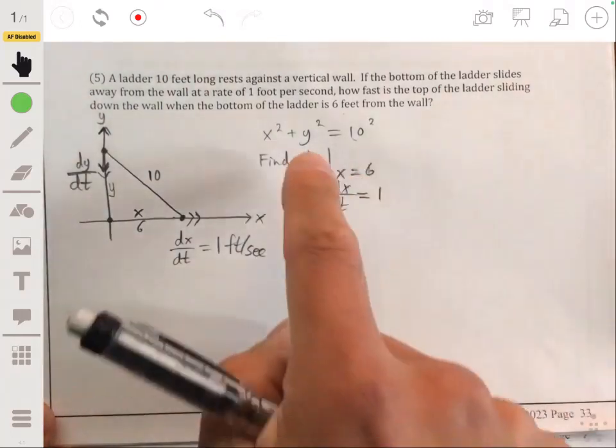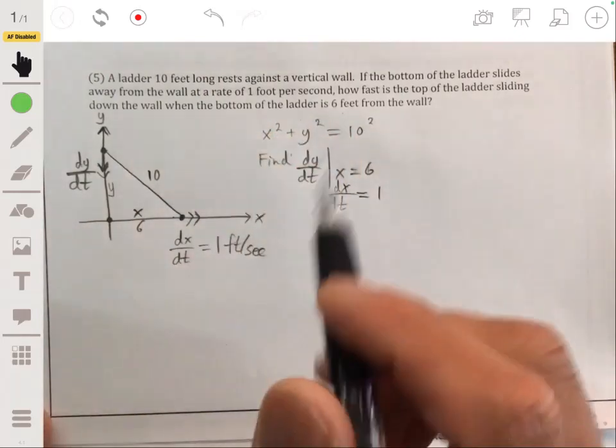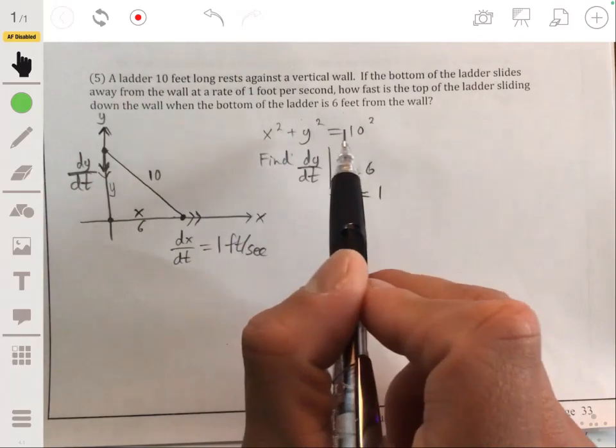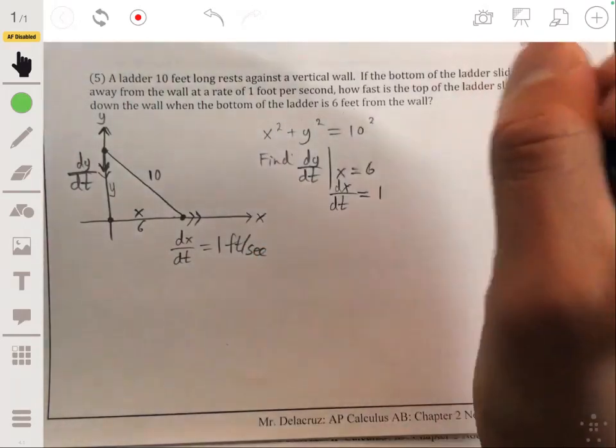So let's figure out how we can relate these three variables to the differential equation. And all we simply have to do is differentiate this with respect to t. So essentially treat it like an implicit differentiation problem.